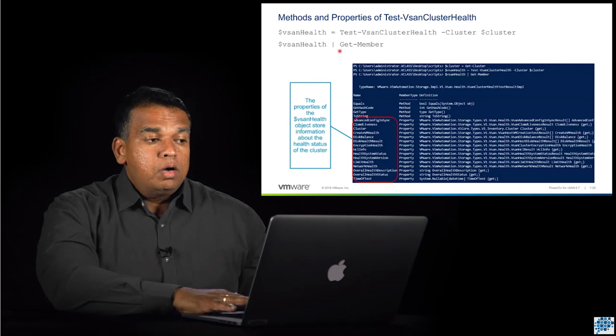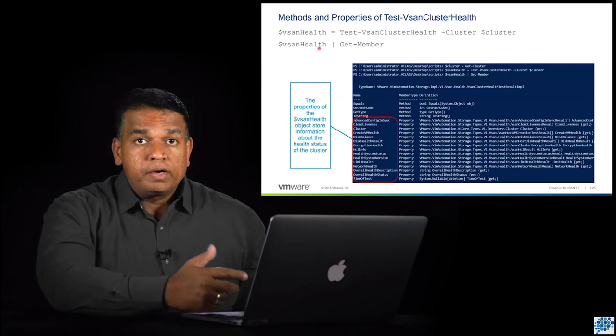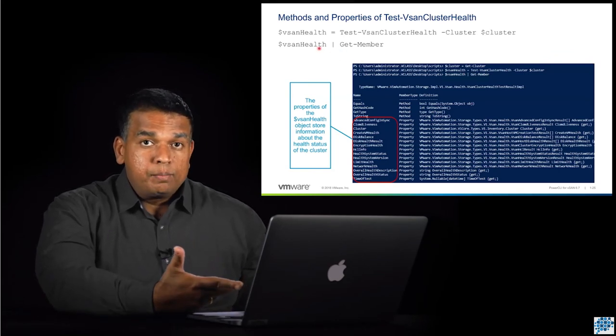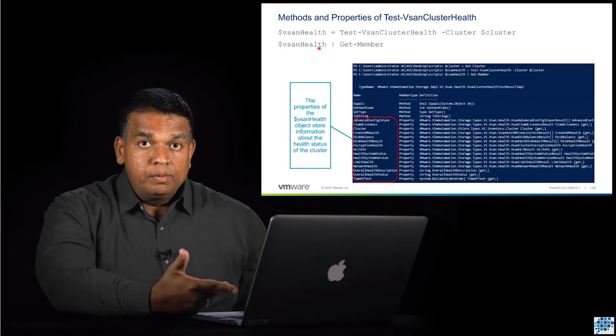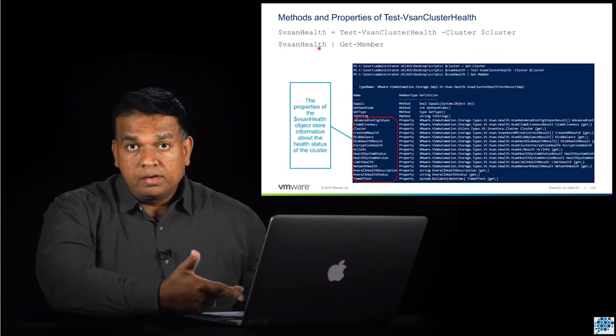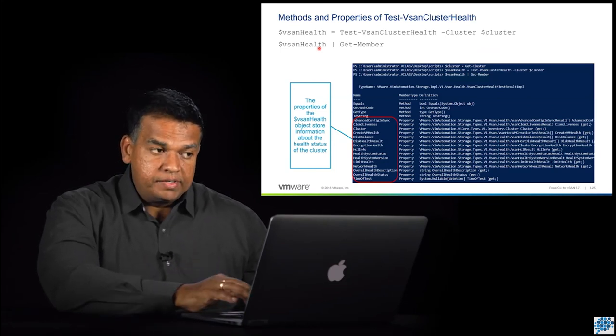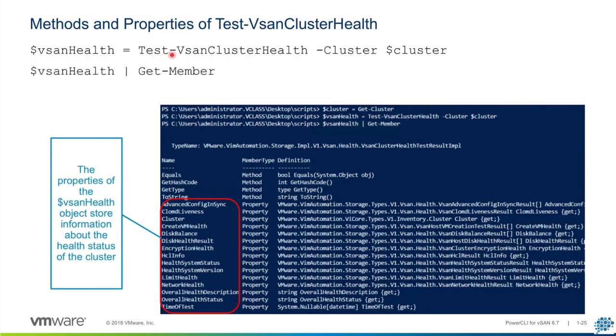So now let's try to see what kind of information we can pull out about the health. Again, to find that, we need to know what are the properties which are available for that particular object, that is a vSAN health object. So what I'm doing here is I'm running Test-VsanClusterHealth and storing the result in a variable called vsanHealth.